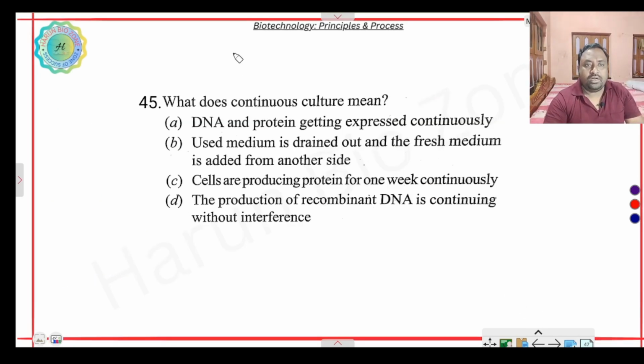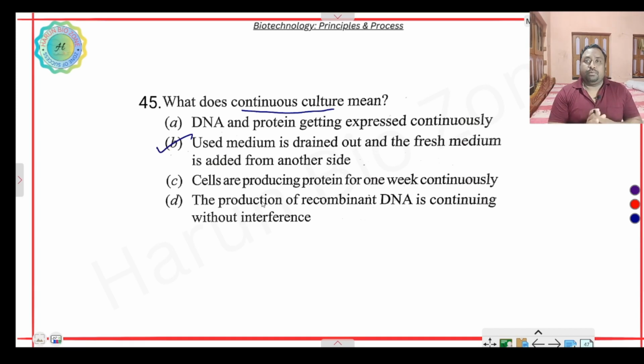Question 45, what does continuous culture mean? Continuous culture means continuous supply of fresh medium to the bioreactor to continue culturing the E. coli bacteria or any microorganism. So here DNA and protein get expressed continuously. Used medium is drained out and fresh medium is added from another site. This is the option.